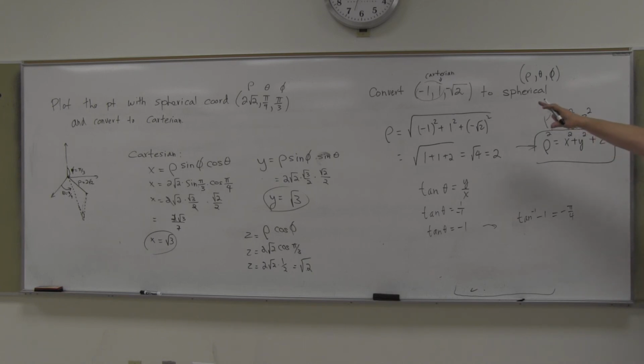Well, just look at the point projected onto the xy plane. In the xy plane, we're talking negative 1, positive 1. That gives me quadrant 2. I need this, if you will, angle right here. Pi minus pi over 4, 3 pi over 4.